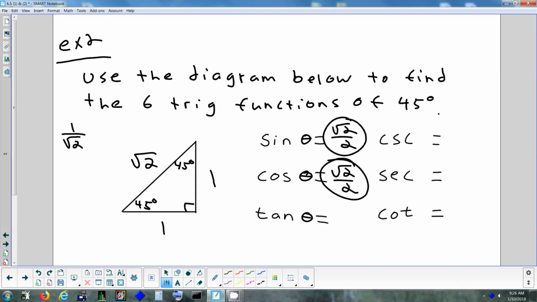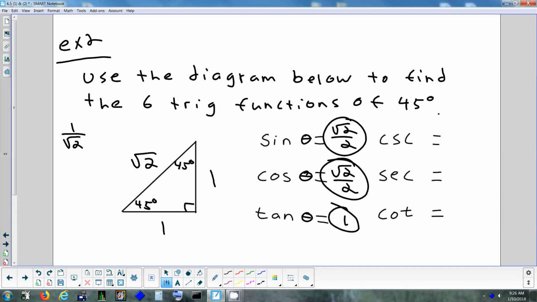And Sam, what about my tangent? So what's our definition for tangent? Oh, it would just be 1 over 1. It's opposite over adjacent, which is 1 over 1.